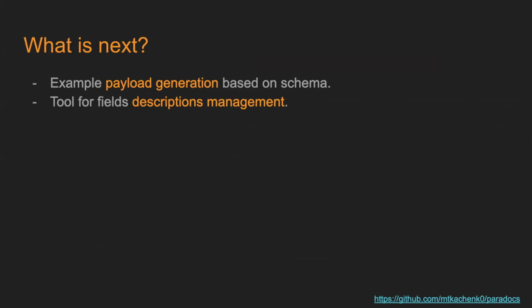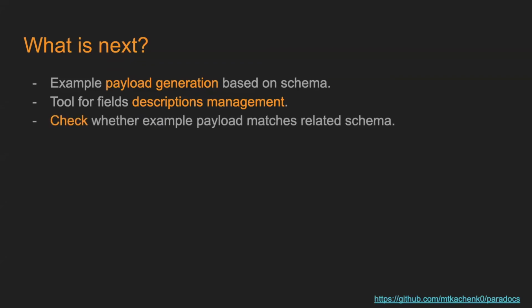As you could see in the documentation, descriptions were present and they didn't appear from nowhere. Some useful tools that check whether example payload matches related schema. Also, check whether all the fields have descriptions. This is also very useful for production environment.